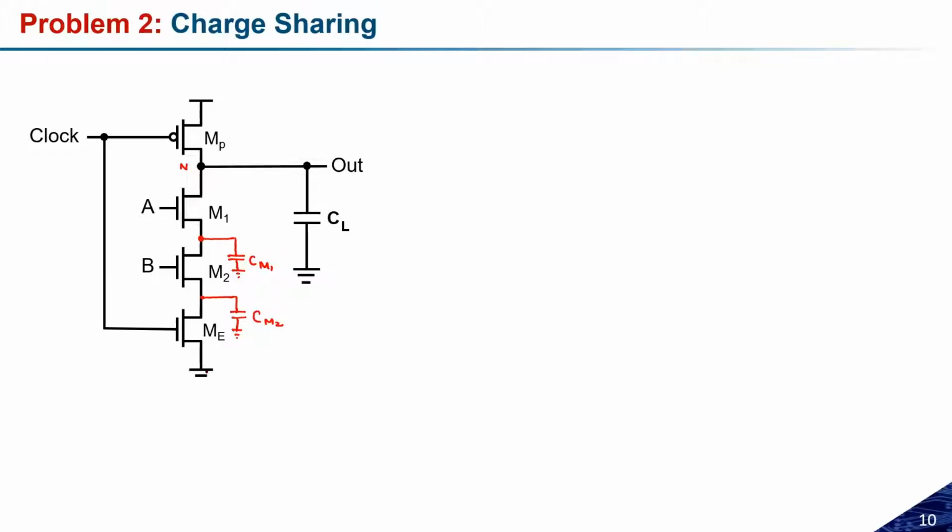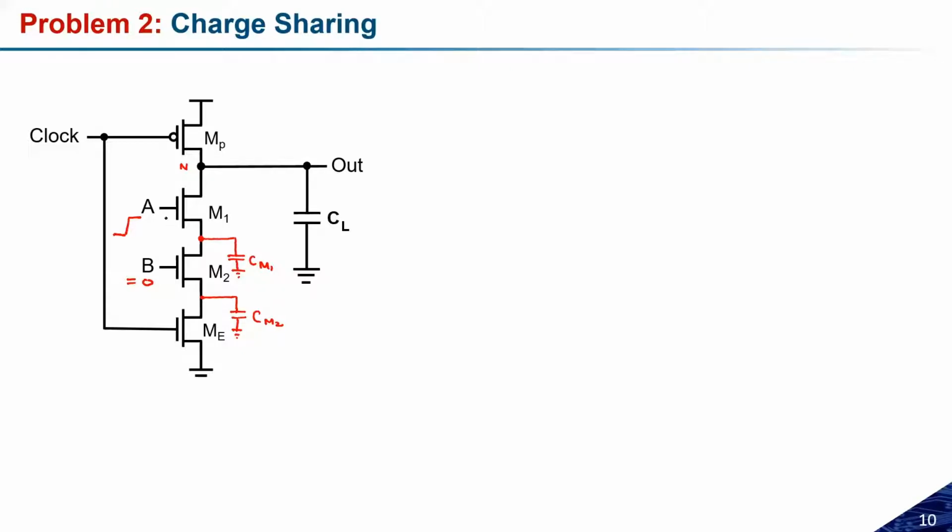But what happens if, after the pre-charging phase, I change something? If B is still 0, but I make a change in the logic at input A, from logic 0 to logic 1, then what will happen?